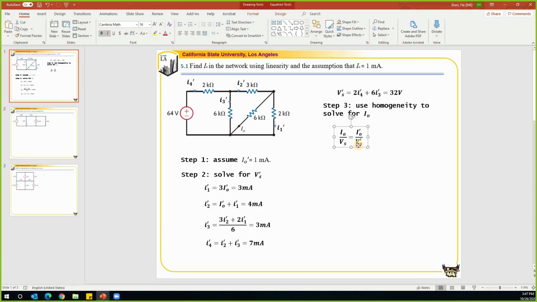So from here we can find I/O. This is 32, and the actual is 64, which is 2 times that, so the actual output should be 2 times the value that we assumed. So that is 2 milliamp. This is how we solve the problem.